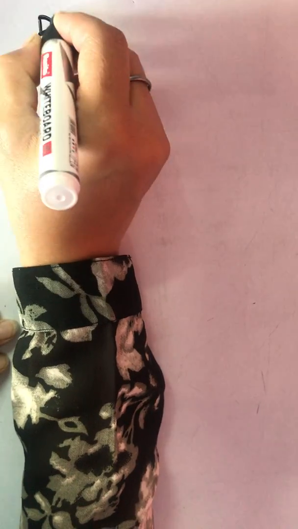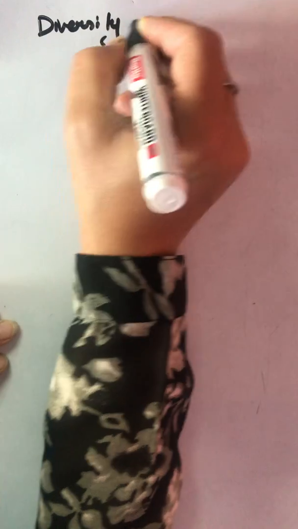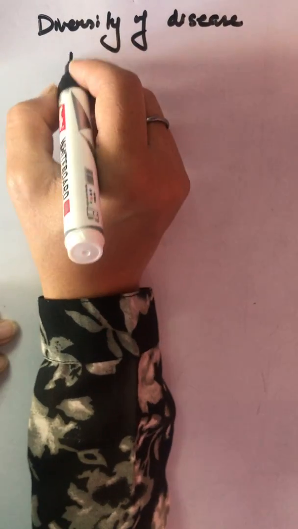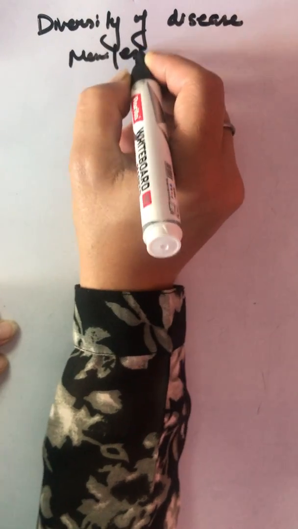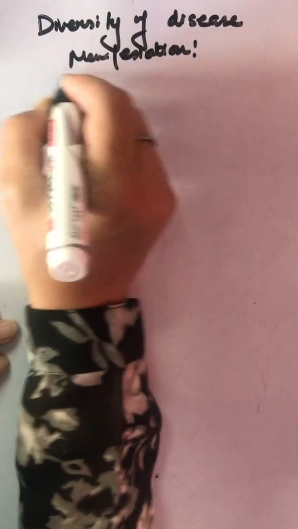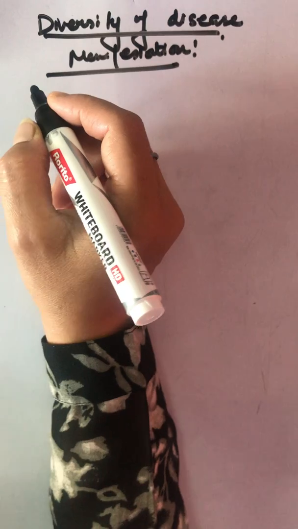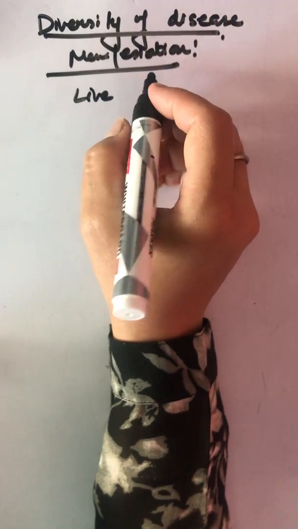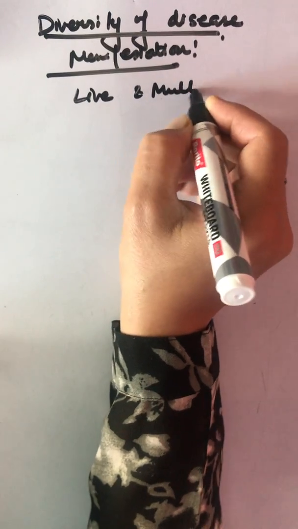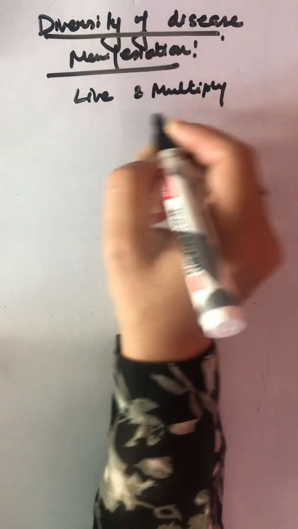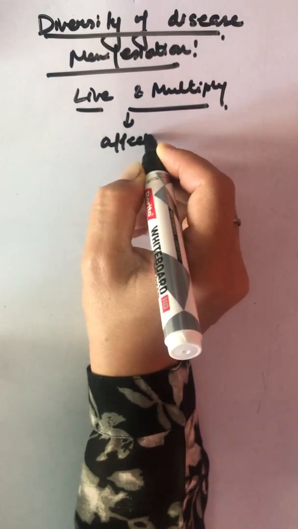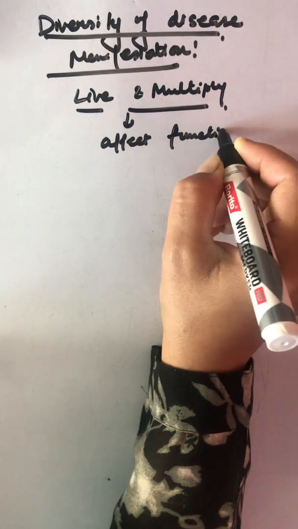So, diversity of disease manifestation. We say whenever a pathogen enters our body, it lives there and multiplies at the cost of our body, and what it does in return affects the functioning of our body.